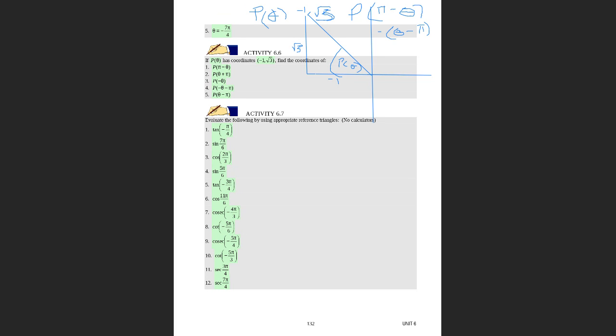Now if you subtract 180 from theta here, and you take out 180, it will still come back to this point.